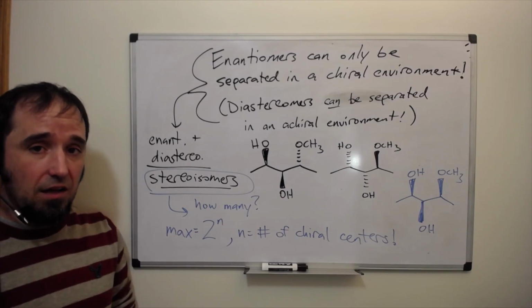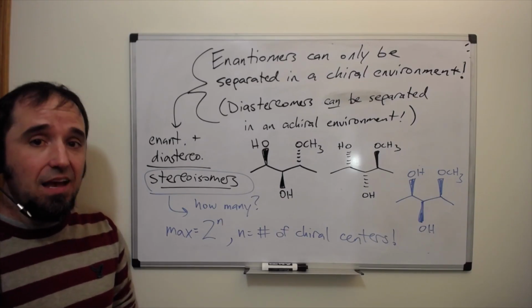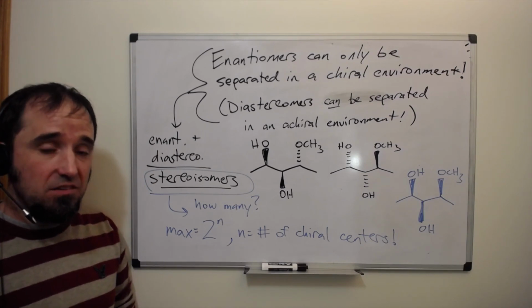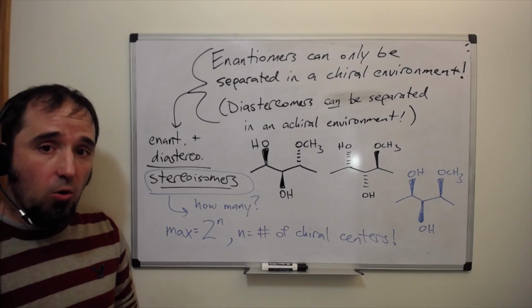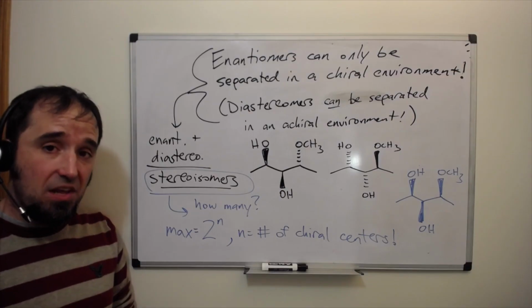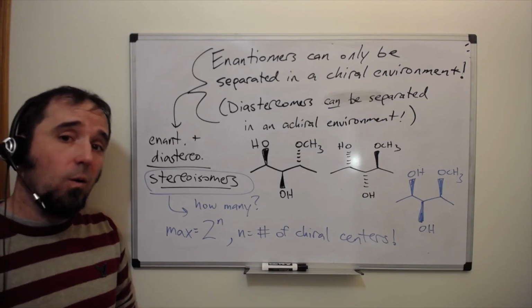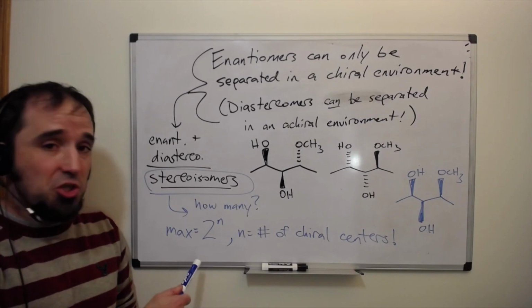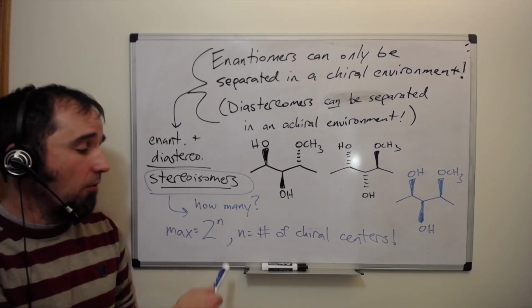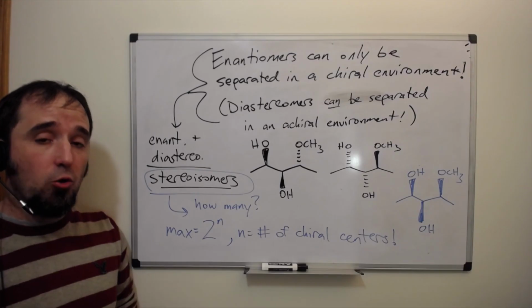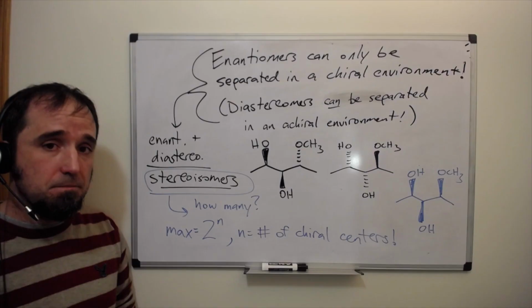And we can even do a quick math to say how many stereoisomers are possible. To do that, all we need to do is know how many stereocenters we have. If every stereocenter can be either R or S, then it stands to reason that we can just take 2 to the nth power, where n is that number of chiral centers, and that gives us the total number of stereoisomers.